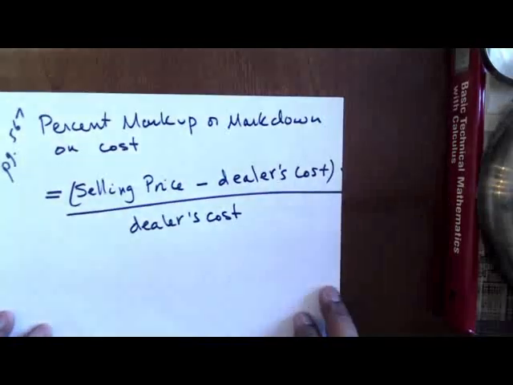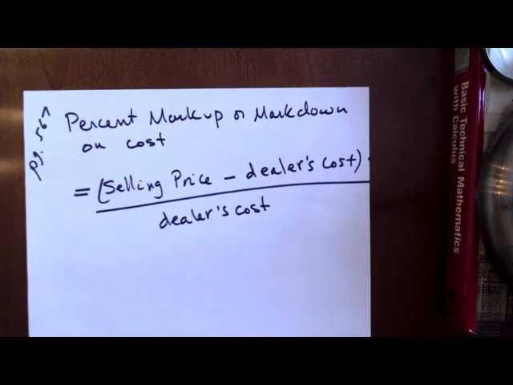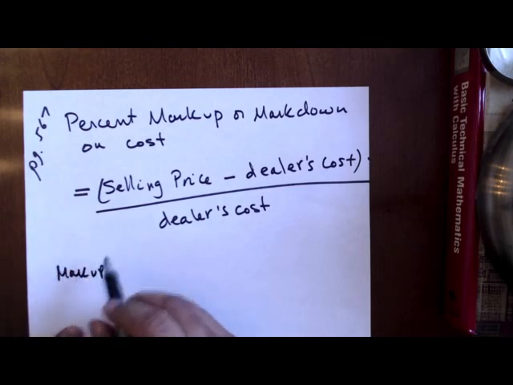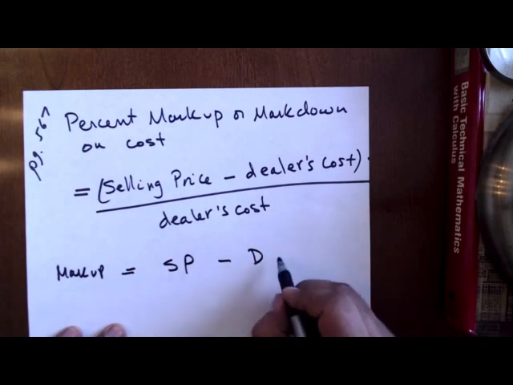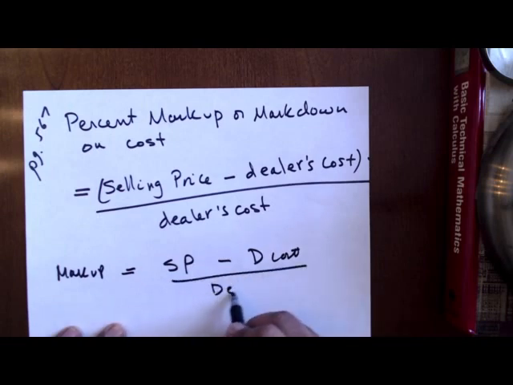And we already know some algebra, right? We can manipulate, for example, if you have the markup, and they're giving you this value, and then you have the selling price minus the dealer's cost, over the dealer's cost, right?